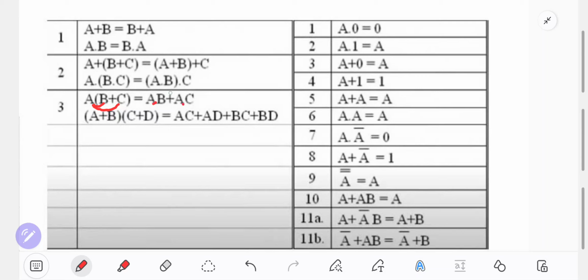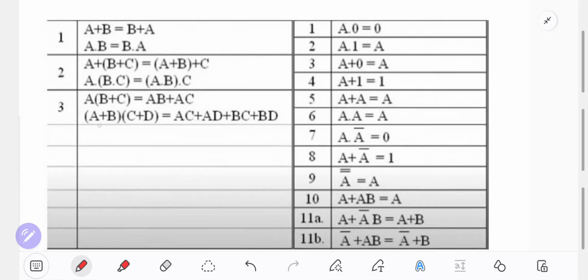Times and plus. And then we make it a group B plus C. Still on number 3.